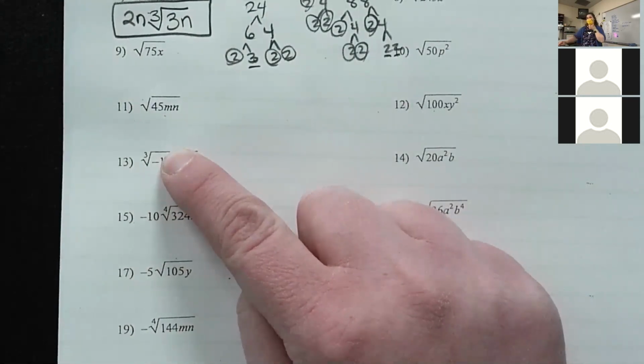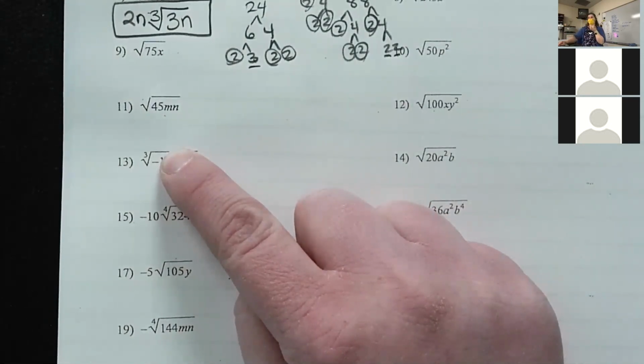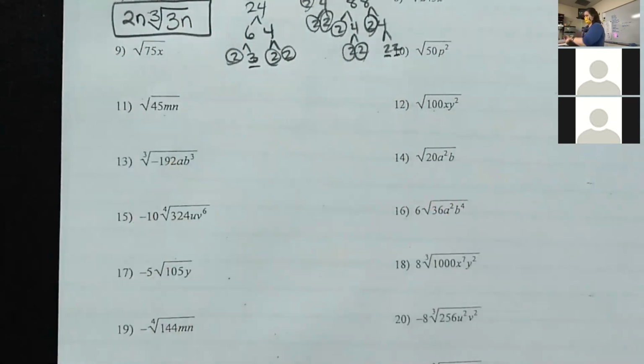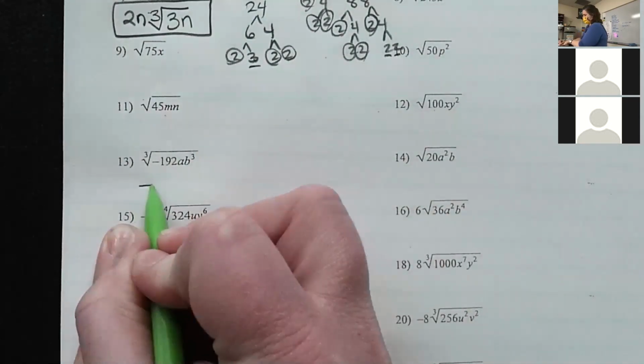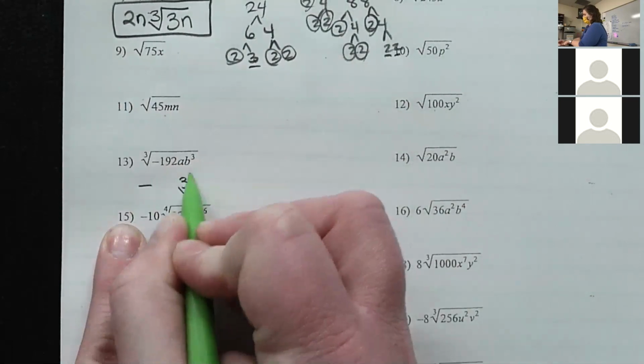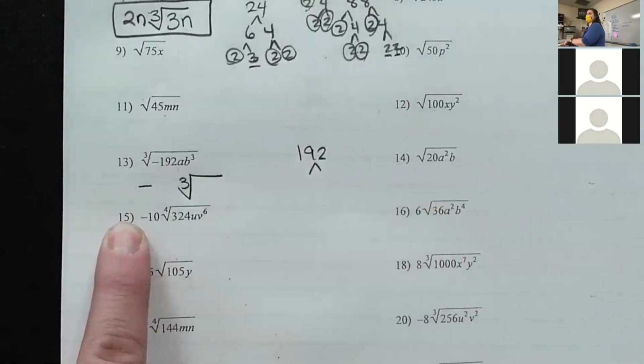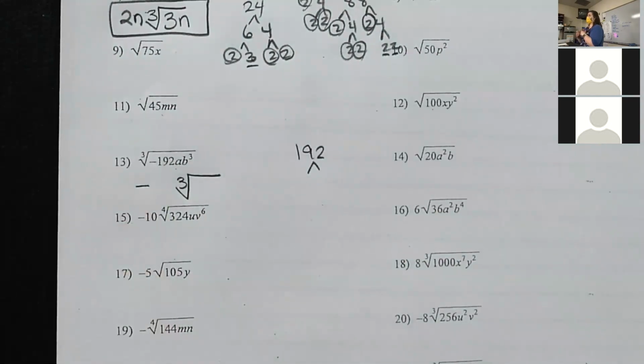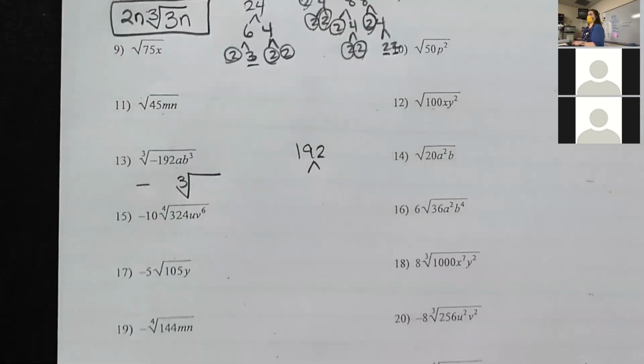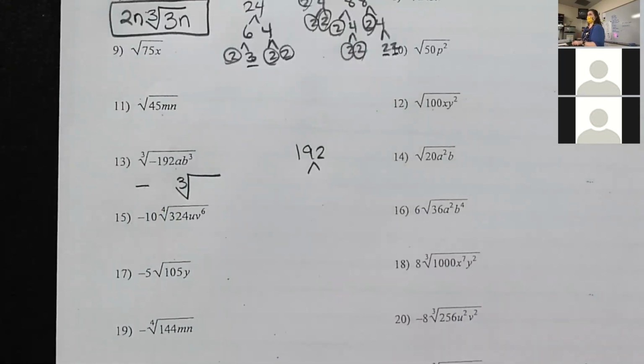So we can bring that negative to the outside. Okay, so when you write this answer, your negative is going to just be on the outside. Okay, then you just break down your 192 like normal. Figure out how many A's and B's can go in and out. Just like normal, your answer is just going to be a negative on the outside. Okay? All right. Let me know if you have questions.